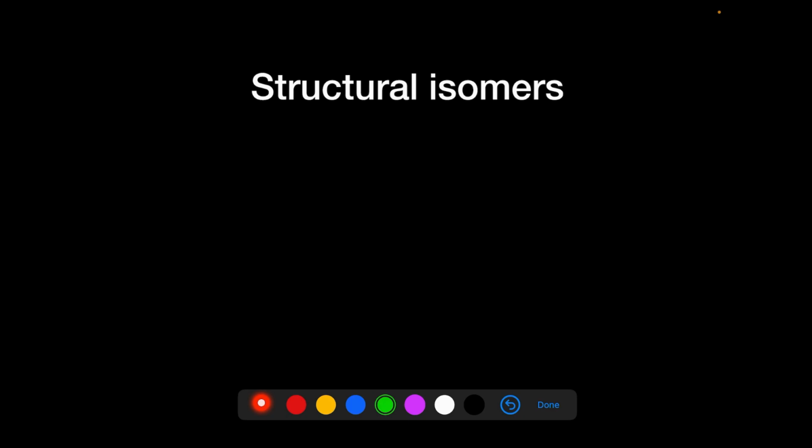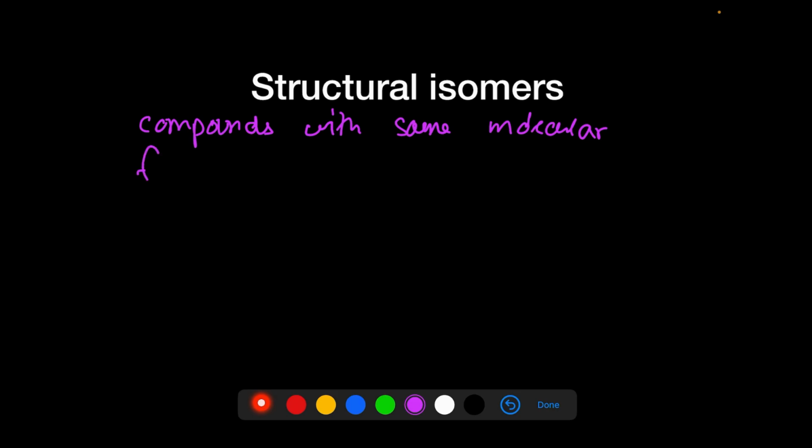Now we look at structural isomers. Structural isomers are compounds with the same molecular formula but different structural formula.